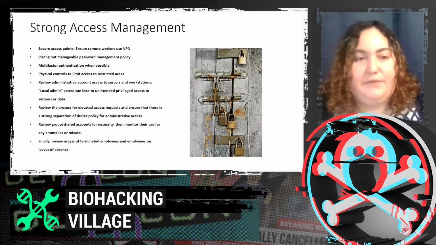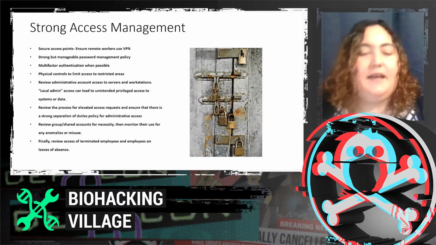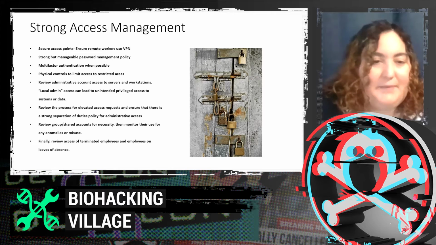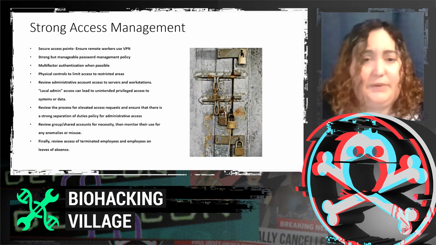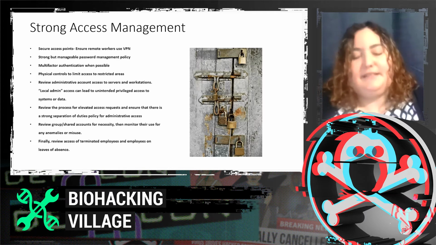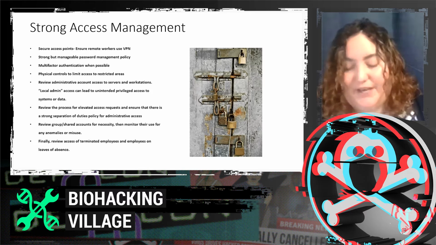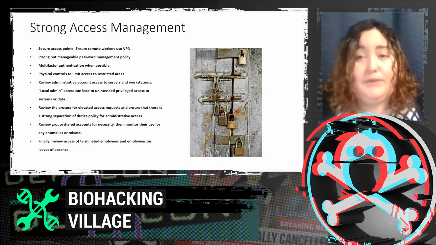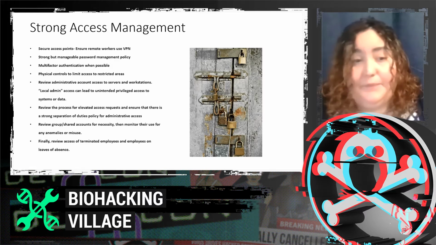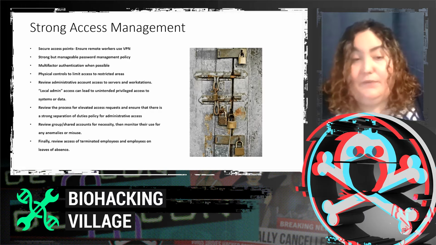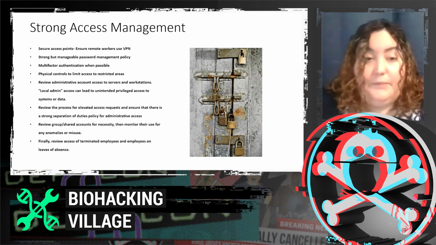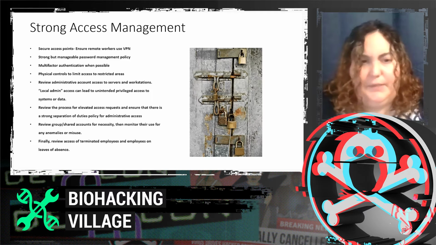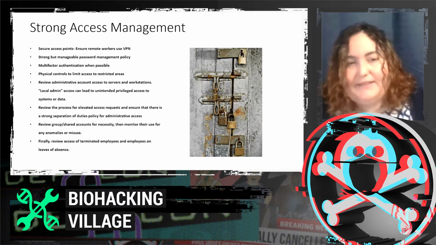Physical controls to limit access to restricted areas are a must, and Matt will get to those later. You want to review administrative accounts access to servers and workstations and devices. You don't want local admin accounts that can lead to unintended privilege access to systems or data. You don't want generic lab user one. You really want to know who is accessing your data and why. Review the process for elevating access as a request, and make sure that there's a separation of duty policy for administrative access.